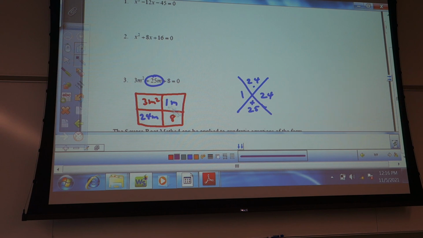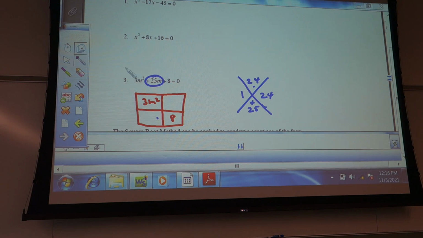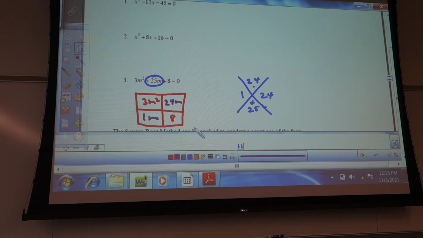Oh, you did it differently? 24m and 1m? Yeah. So then 8 times 3 was 24, so then I put the 8 at the top. Okay, so you said, since you found what goes into both 24 and 8, you said 8, okay, good.